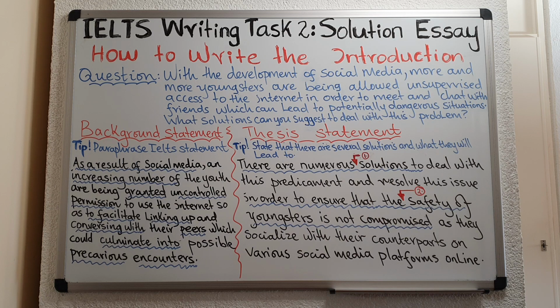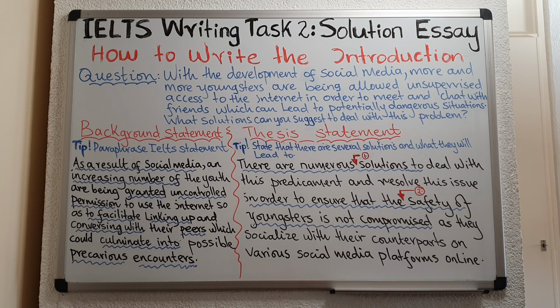The next word is unsupervised. I replace the word unsupervised with uncontrolled. The next word is access. I replace the word access with permission. Access to the internet, I replace that with permission to use the internet.